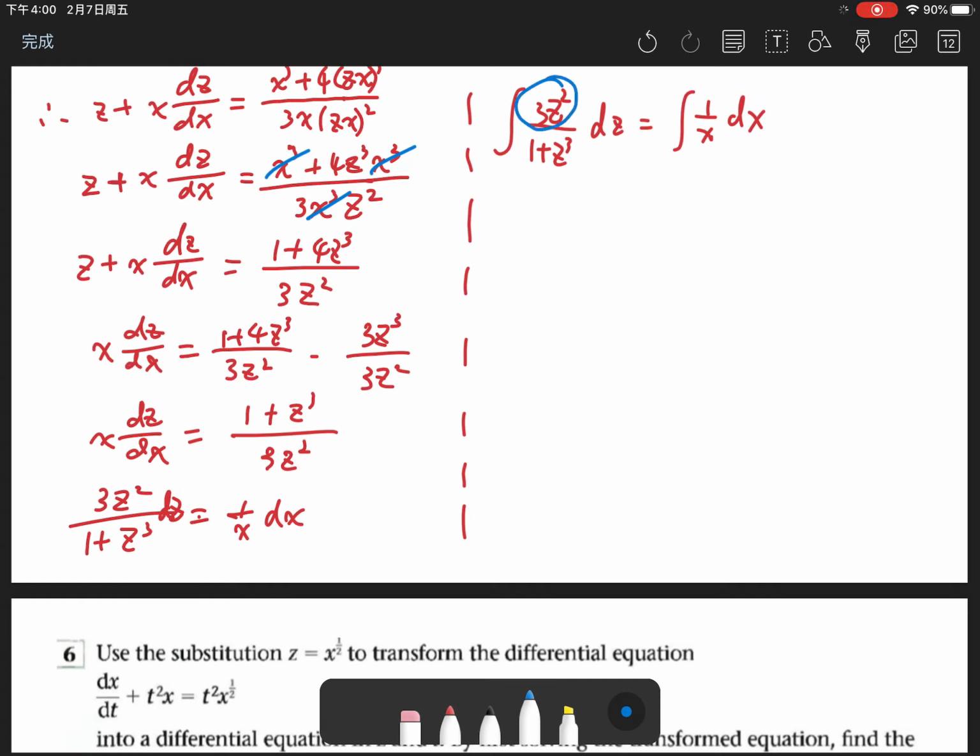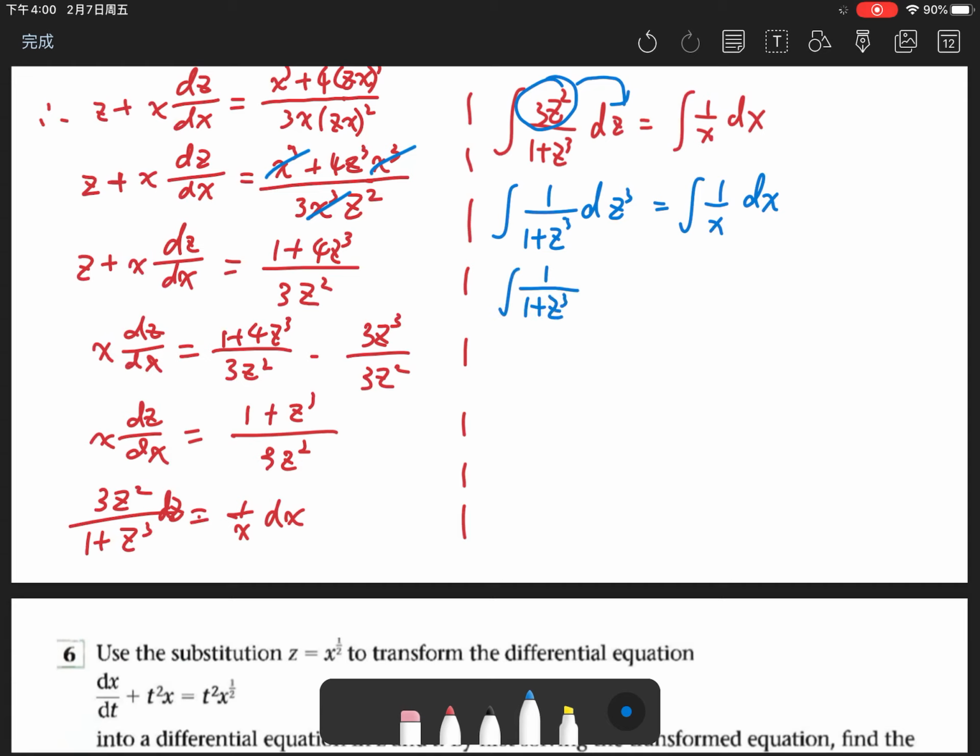Look at the left hand side. We can move 3z squared into the differential, so it becomes 1 over 1 plus z to the power of 3, d of z to the power of 3, equals the right hand side.